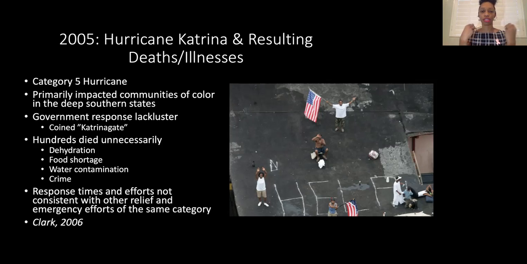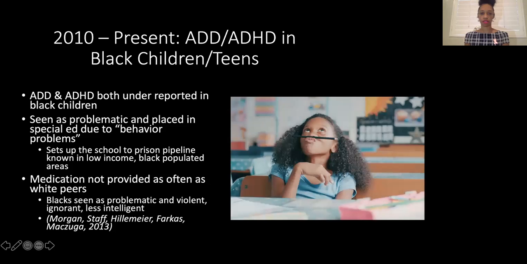So when you throw in dehydration and fecal matter and human beings, just imagine the public health crisis that creates. And so response times did not match the level of emergency, and President Bush was heavily criticized for that.